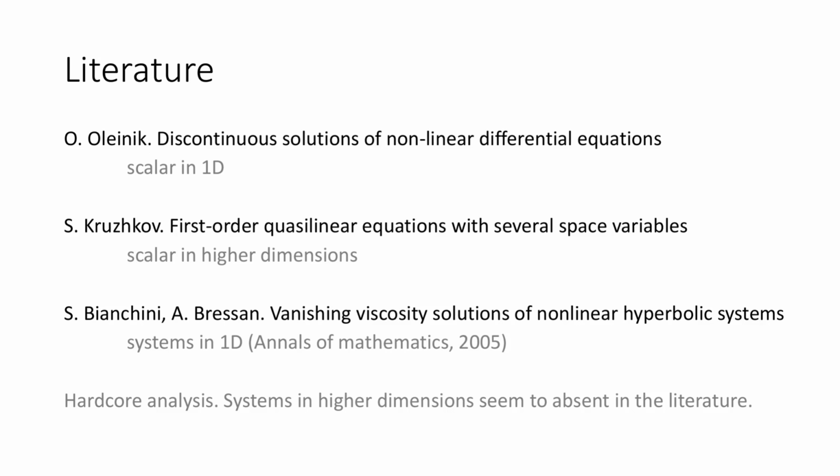In this context, I only refer to a recent survey by Bianchini and Bressan from 2005, addressing systems in only one dimension. And that already is quite some hardcore analysis, I must say. The solution theory for systems of conservation laws in higher dimensions is still a largely unexplored field, and not many general results are available in the literature.